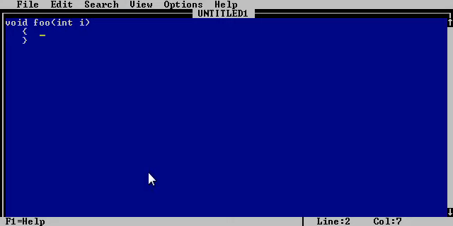So we draw a diagram of the stack. This is what we know on entry. That the stack pointer is pointing at a return address. Okay.